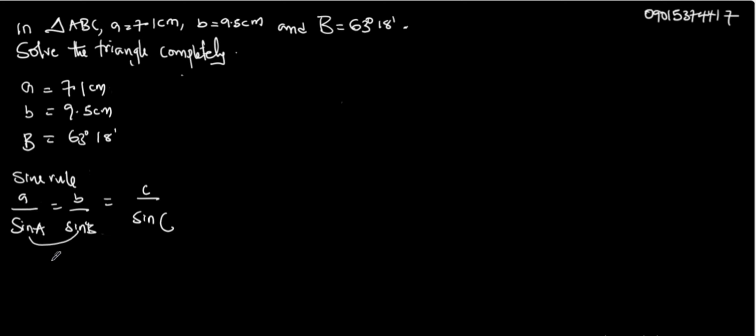Now, our B is equal to 63 degrees 18 minutes. Now let's convert this to degrees. Now 1 degree equals 60 minutes, which means 18 minutes will equal 18 divided by 60, right?